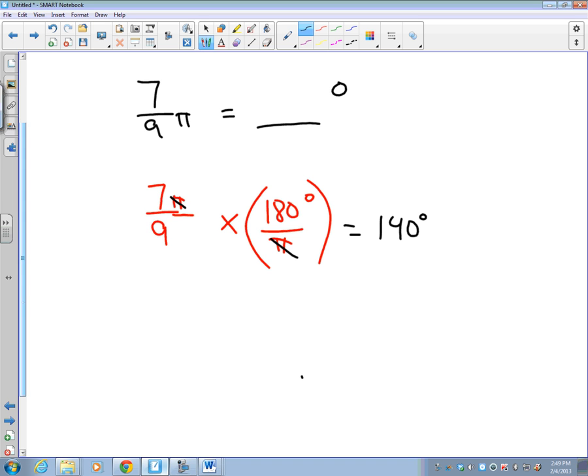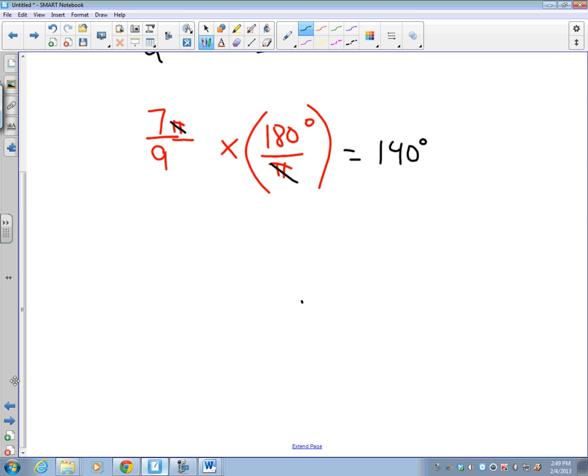All right, now this value does not need to have pi in it for it to be in radians. I could also just give it to you like this, 2.93 radians. If you think about that, since pi is 3.14, this is indicating an angle that's just a little bit less than pi.